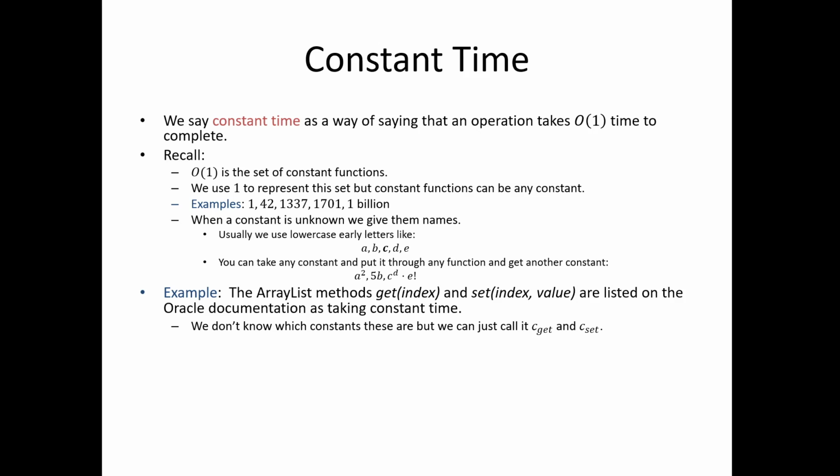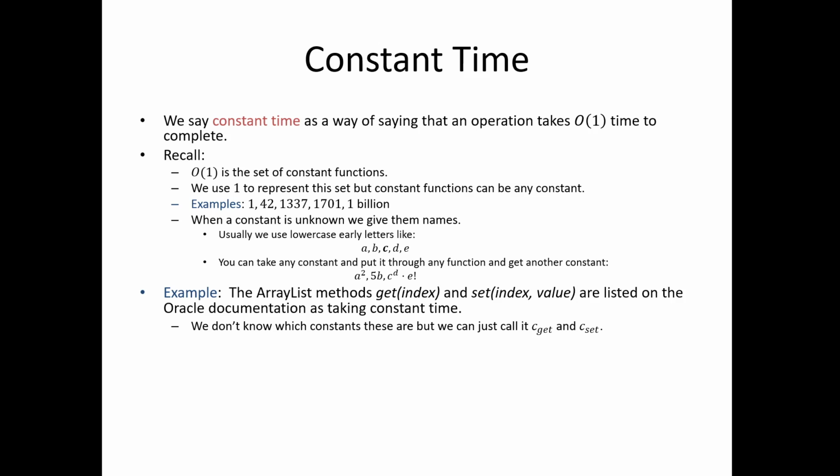And the reason they are constant time functions in our ArrayList, going back to an earlier video, is that we have random access to these indexes, meaning that the cost it takes us to access any index is independent of what that index is. It's a constant independent of that index. So because of that, we know that these two methods take constant time.